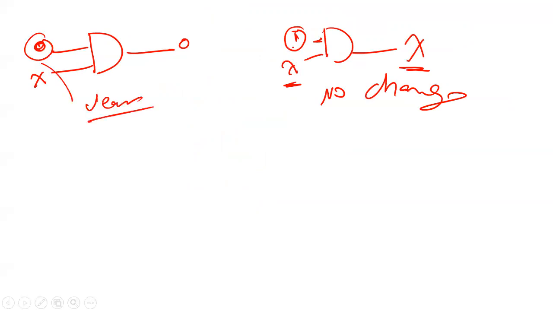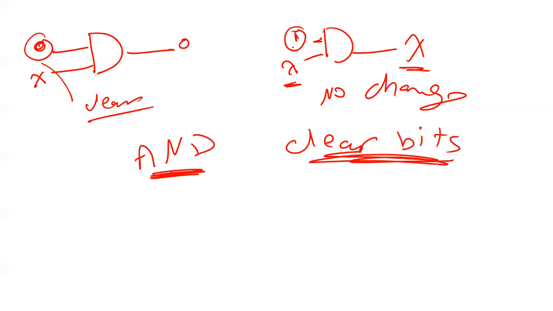That means we are going to use logic AND if you want to clear some bits. How? I'm going to tell you how. For example, this is the byte we have. I want to put 0 here and no change here, so they have to have the same value.